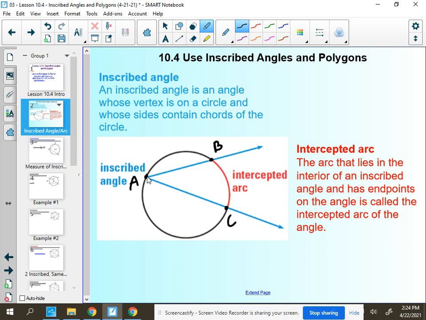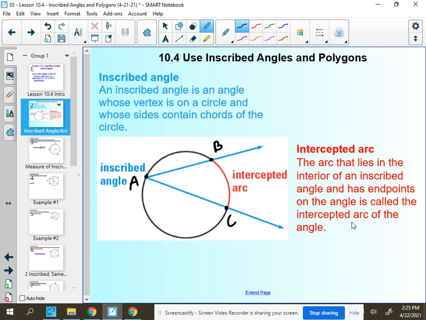So our inscribed angle has its vertex on the circle, and the sides intersect the circle. Where they intersect at points B and C, we create what's called an intercepted arc. Inscribed and intercepted sound similar. The intercepted arc is the arc that lies in the interior of the inscribed angle, with endpoints on the angle.